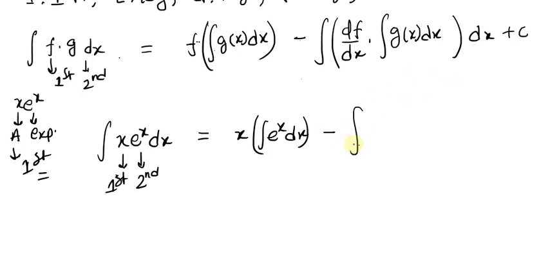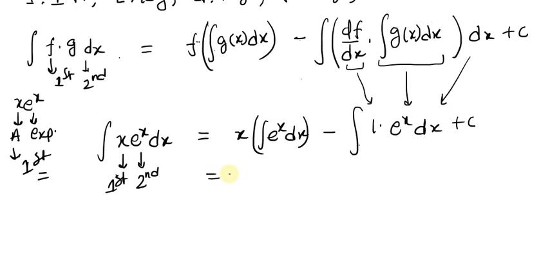And then minus, here you will differentiate x, and this will be 1, and integrate e^x dx, and then completely dx. So finally x e^x minus e^x, because integration of e^x is e^x, plus c, that will be your answer.